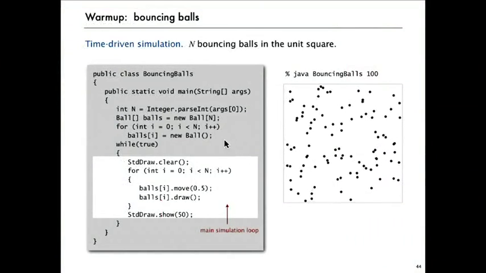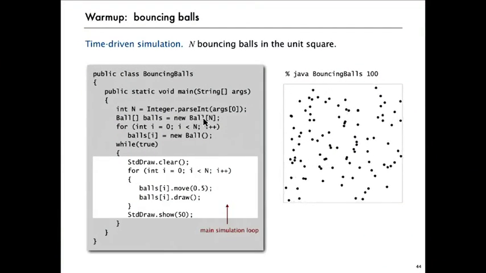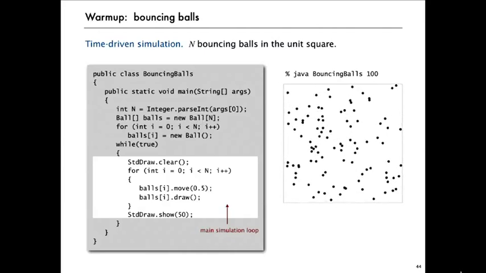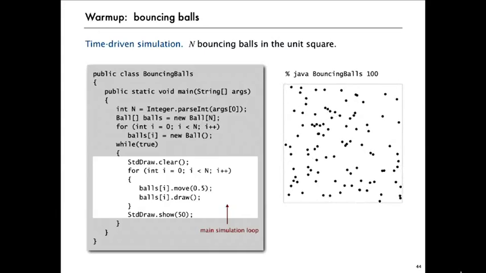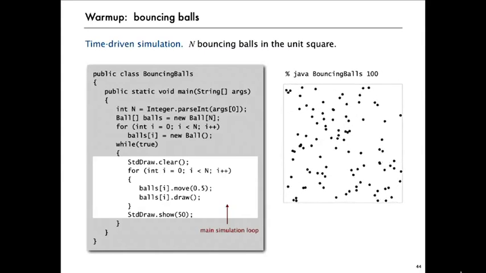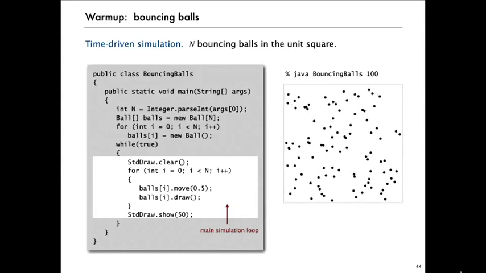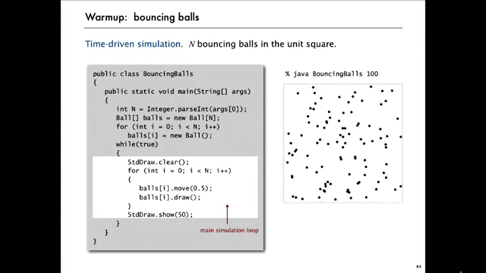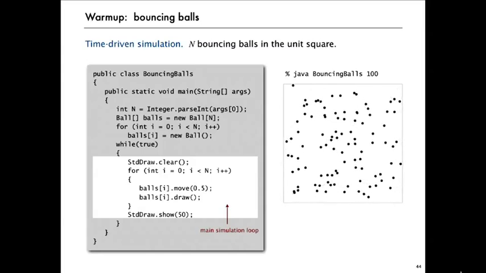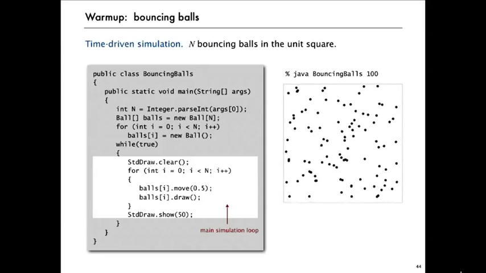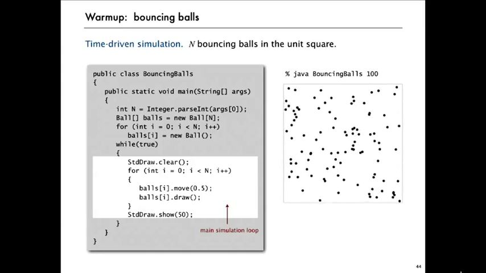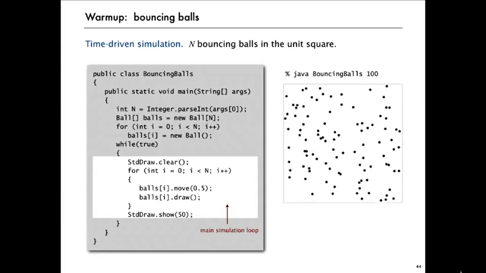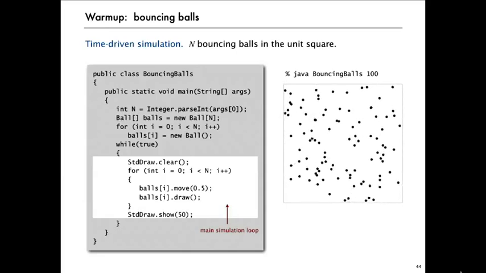So we have a data type called ball that represents just one of the particles and has instance variables that have the position and the velocity. So we make a bunch of them, and then we have a while loop, which is just every 50 milliseconds, clear the whole drawing, and then move the balls a little bit, and then draw them in their current position.